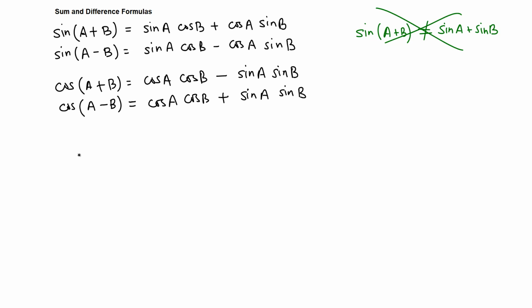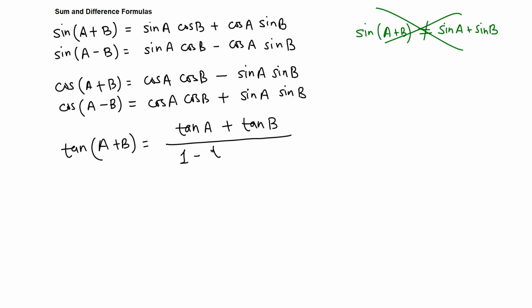In the same way, for tangent of A plus B, we can find the formula by writing sine over cosine and using this, and it comes out to be tangent A plus tangent B all over 1 minus tangent A times tangent B. If we have a negative sign, tangent A minus B, then the top is negative and the bottom we get positive.